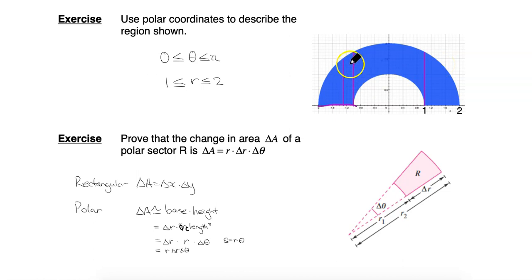So we would have to split this region into 3 sections and add the integrals for each of these subregions. On the other hand, if we are able to change the coordinate system to r and theta, now it's pretty easy. r ranges from 1 to 2, and theta ranges from 0 degrees to 180 degrees, or from 0 to pi, as we will do, of course, since we use radians.